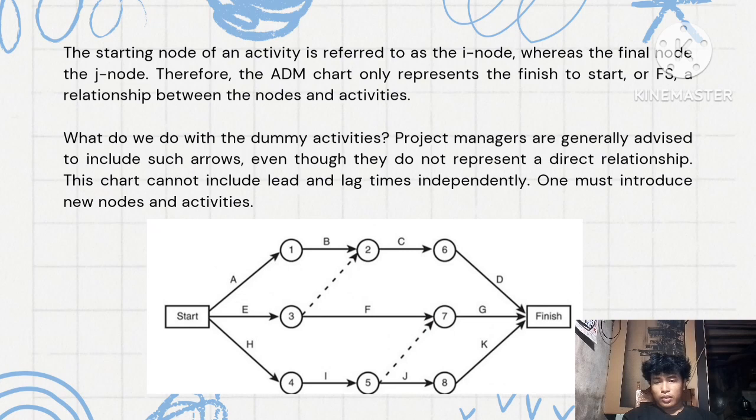What do we do with the dummy activities? Project managers are generally advised to include such arrows even though they do not represent a direct relationship. This chart cannot include lead and lag times directly. One must introduce new nodes and activities. So here's the example.